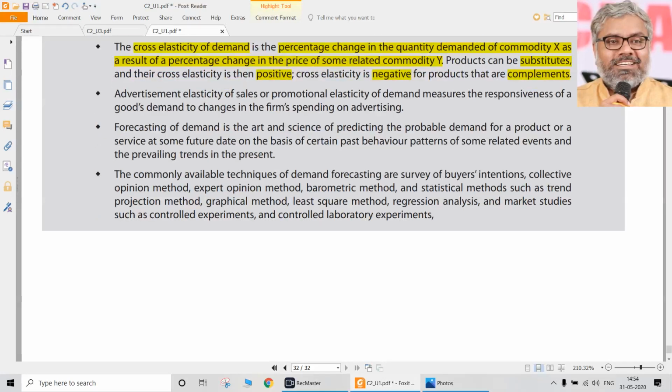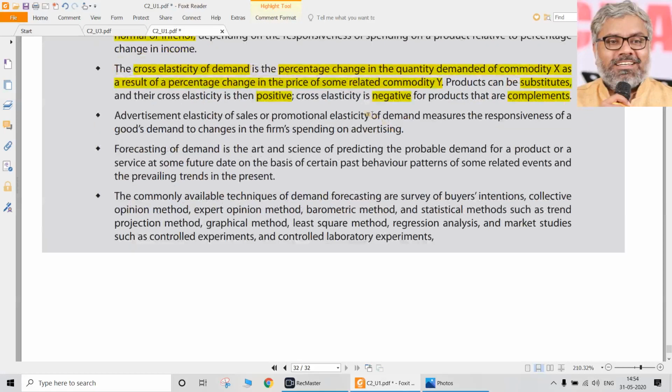It could be negative due to other reasons also, depending upon the income effect of the consumers. That also might have an impact on the cross elasticity. So, a point to be noted once again: if the cross elasticity is positive, the goods are always substitutes.